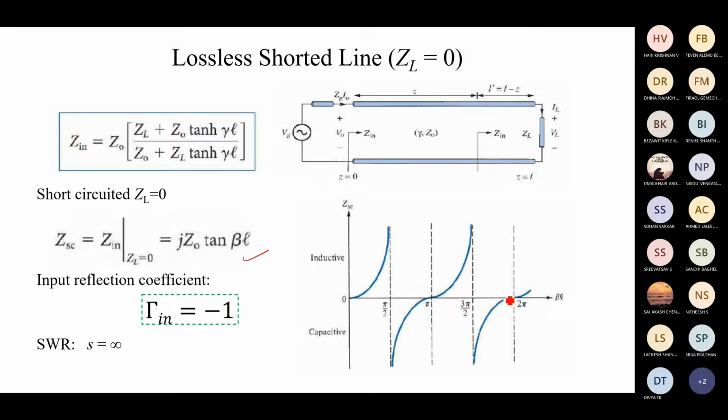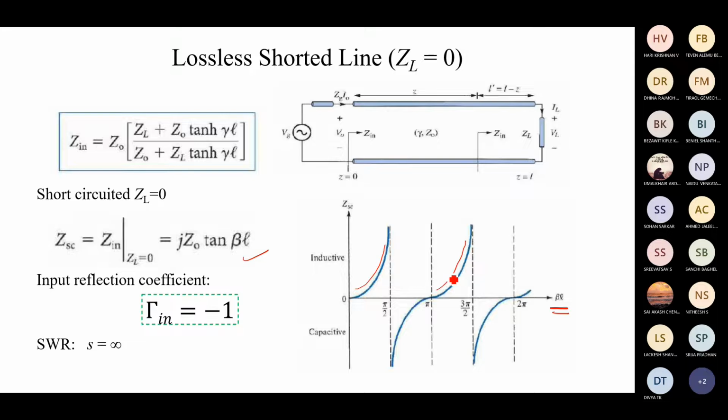When we draw it as a function of the electrical length beta L, we get the distribution of the impedance as a step-like function. This is often referred to as impedance harmonics. You can see that the impedance seen here again repeats.